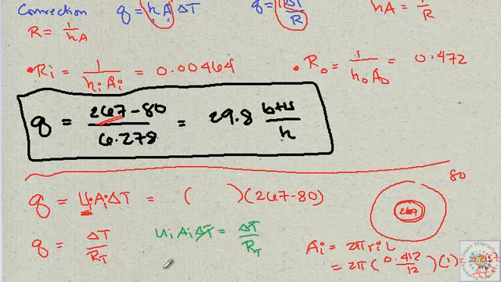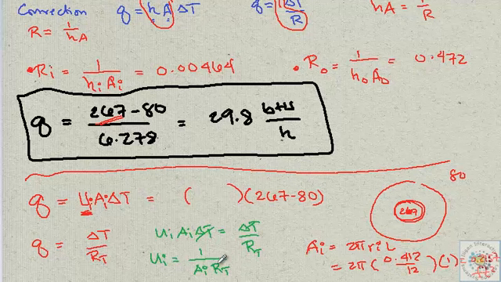How do you calculate UI? UI will then be equal to 1 over AI times R total. Which means you calculate the resistances, multiply that by the area we are referring to. Since this is based on the internal area, multiply the resistance with the internal area, and then get the reciprocal.